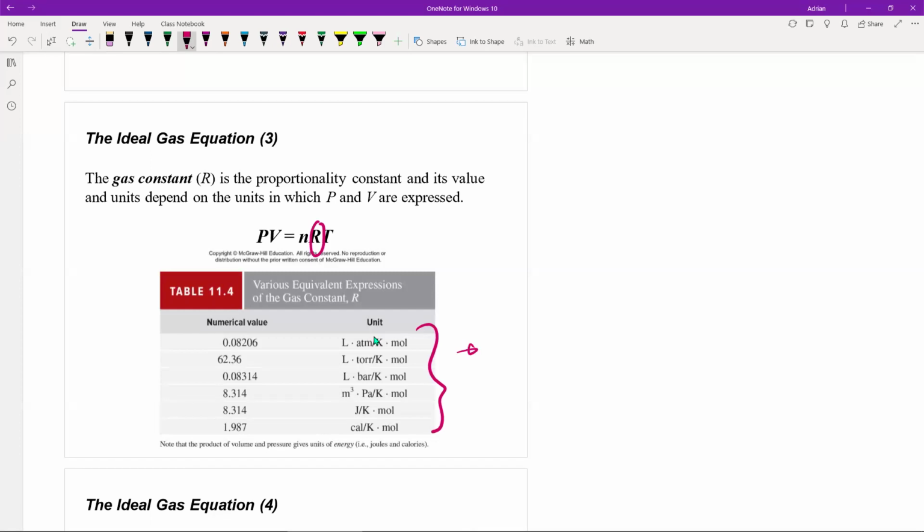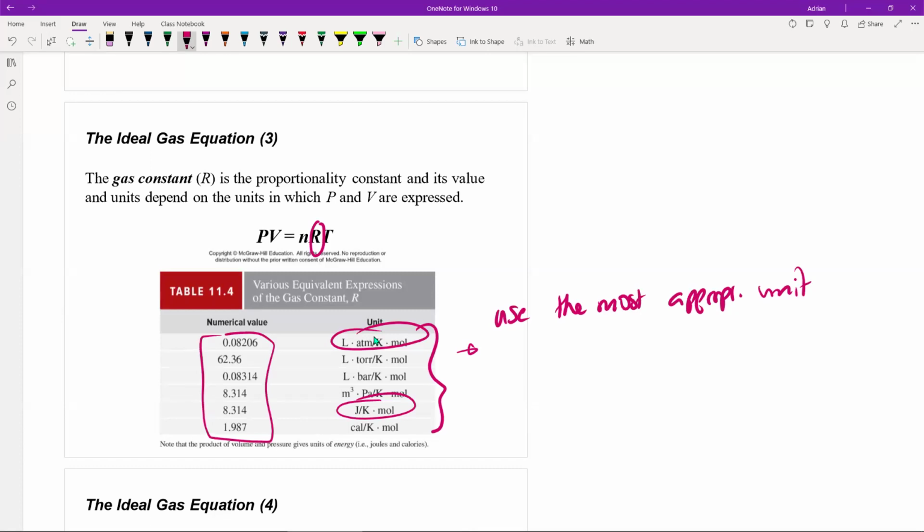When you're doing your calculations involving the ideal gas equation, you're just going to use the most appropriate units, depending on what it is you're given or what it is that you need to find. The numerical value all changes depending on what information you're given in terms of pressure, volume, amount.